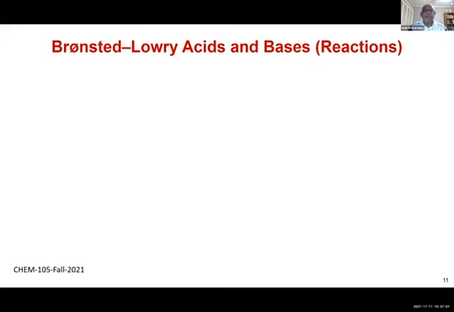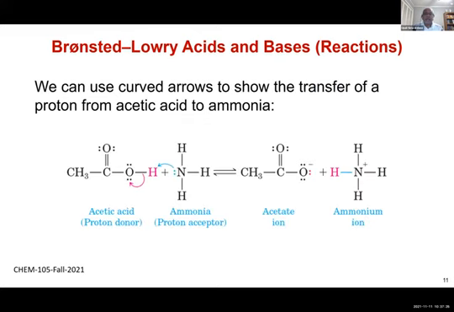When you use curved arrows to show the transfer of a proton from acetic acid to ammonia, we can show again how the proton is broken off in acetic acid. So acetic acid is on the left side. It's a proton donor. The electron pair in the OH bond is shifted to the oxygen in the acetate ion.